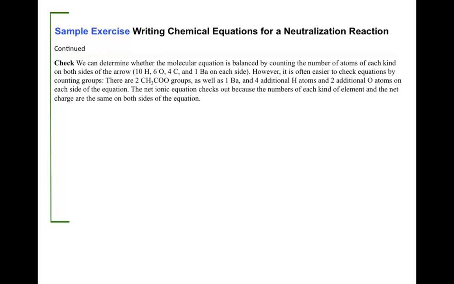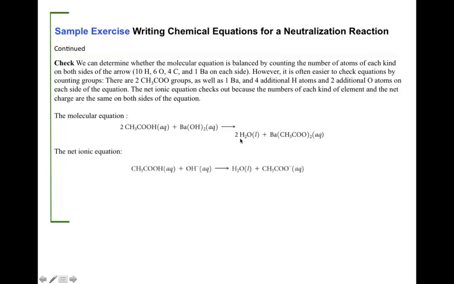So the net ionic equation checks out because the numbers of each kind of element and the net charge are the same on both sides of the equation. As we can see here, this is the molecular equation, and this is the net ionic equation. Here at the end, we have 1 acetic acid that will provide 1 acetate that we have here, and this hydrogen will react with this hydroxide to create 1 molecule of water.